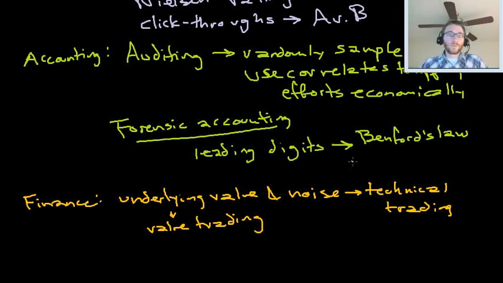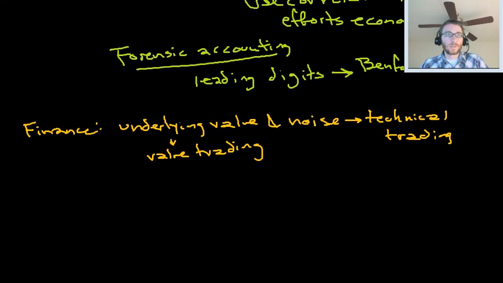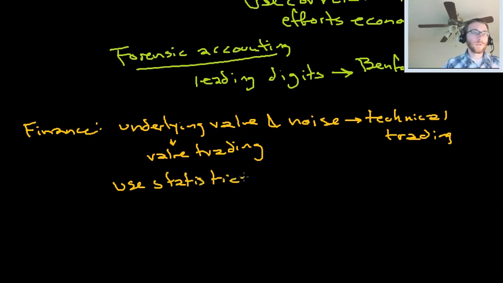In addition, financial analysts use things like price-to-earnings ratio or dividend yields to base their judgment about the value of something. They can also use statistical analysis to get an idea of the risk profile of a particular stock.